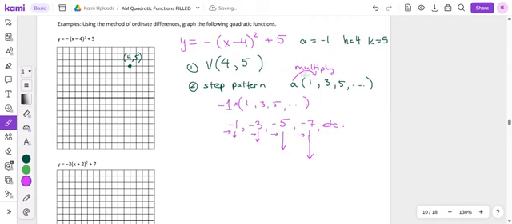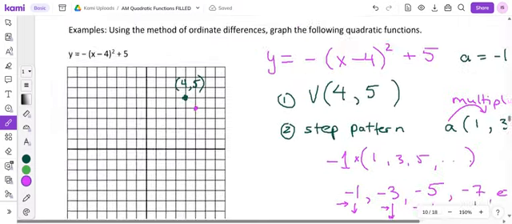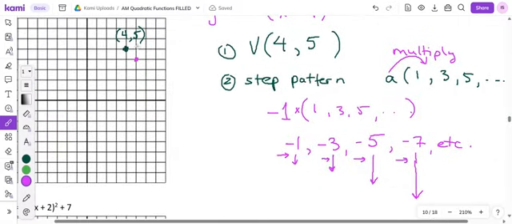So I start at the vertex: one across, one down. One across, 3 down. One across, how many down? 5. And I don't have space to go 7.